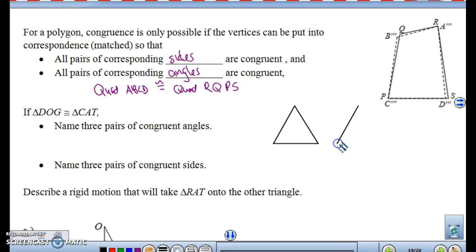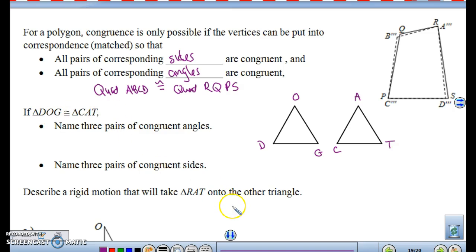We're going to draw two identical triangles and label them exactly the same way. So I'm going to say D, O, G, like that. So if I went around clockwise like that, I also have to go around clockwise C, A, T, starting at the same place. So D corresponds to C, O corresponds to A, G corresponds to T.